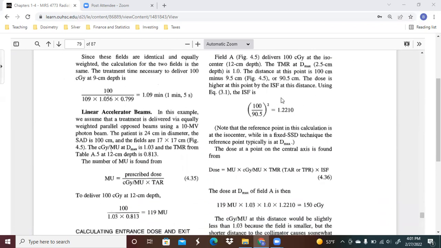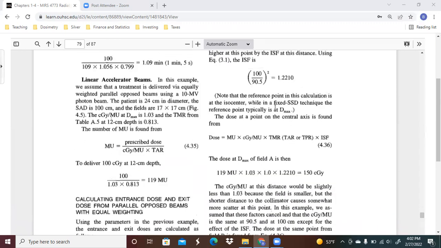The dose is higher at this point by the inverse square factor at this distance. And so using equation 3.1, the inverse square factor ends up giving us this. So in other words, since we are closer to this than what was calibrated at 100, we introduce the inverse square factor here to dial down the amount of dose that we're going to need.